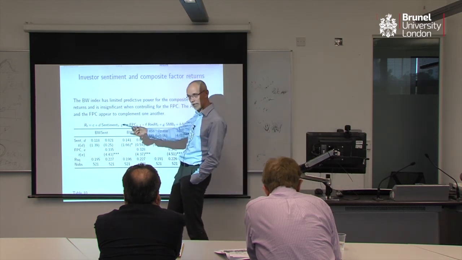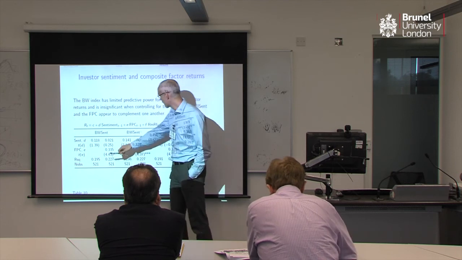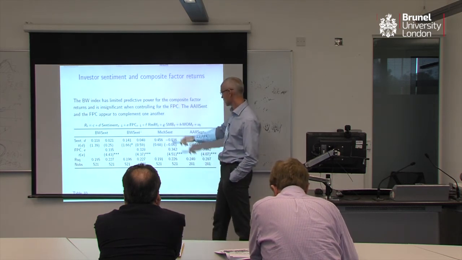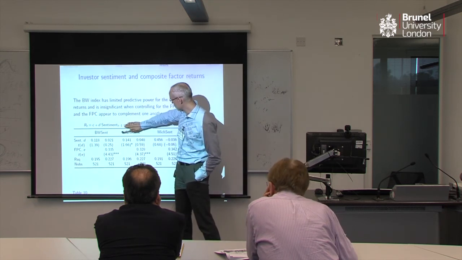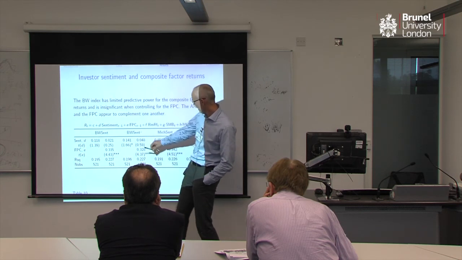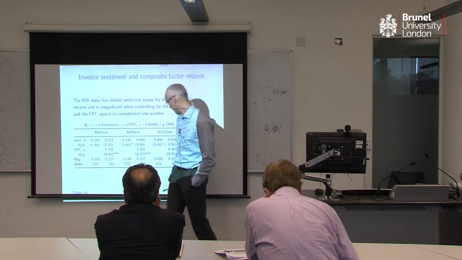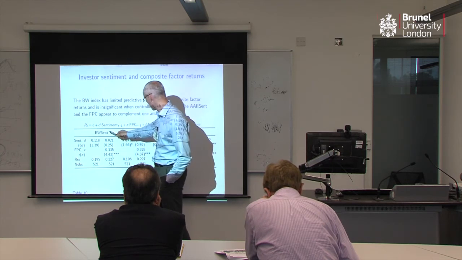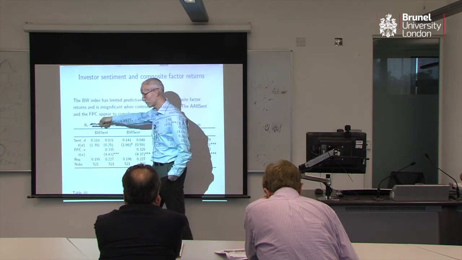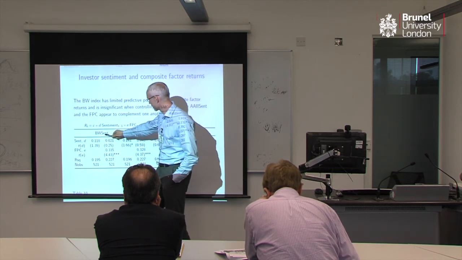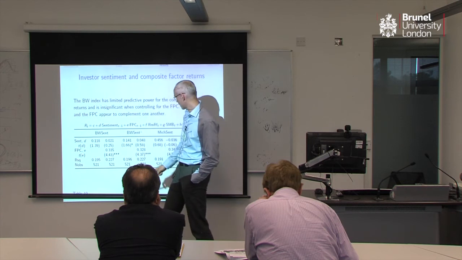This is running the same regression as before, putting in the Baker-Wurkler index with and without our measure, the first principal component. We are predicting the composite factor returns on the left-hand side. On the right-hand side, the Baker-Wurkler index alone is insignificant.